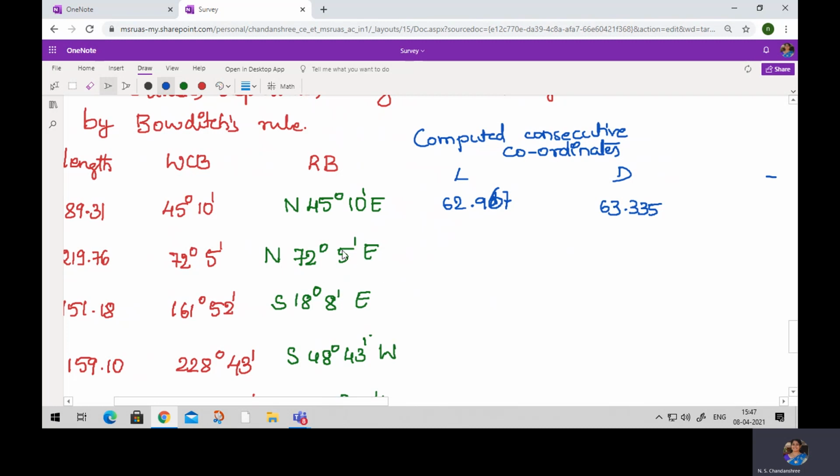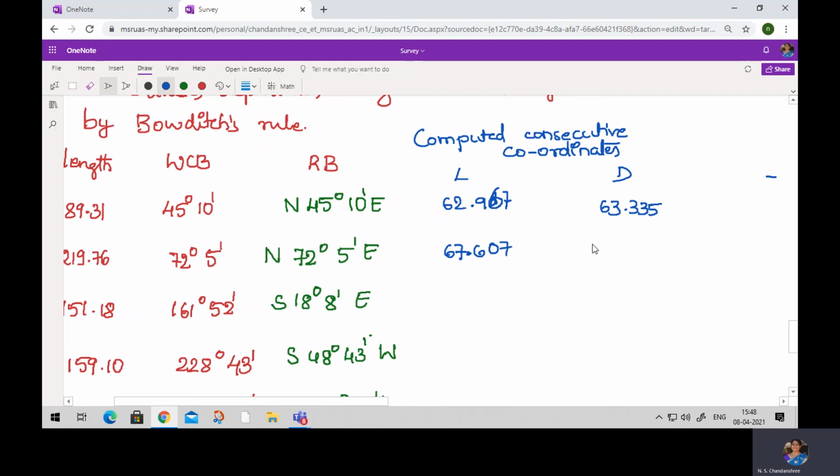For the line BC, the length of the line is 219.76 and theta is 72 degrees 5 minutes. So again it is in the northeast quadrant, so both are positive. L cos theta is the latitude value, L is 219.76 multiplied by cos of 72 degrees 5 minutes, the value of which is 67.607 meters.